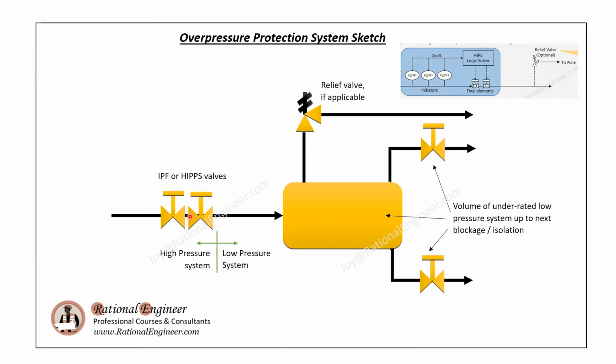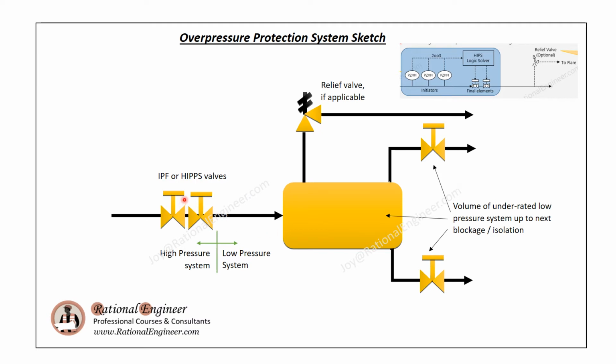In such case, the primary barrier will be somewhere upstream to cut off the source, and this HIPPS valve will act as a secondary barrier. The two levels of protection is recommended based on codes such as API RP14C or ISO 10418.